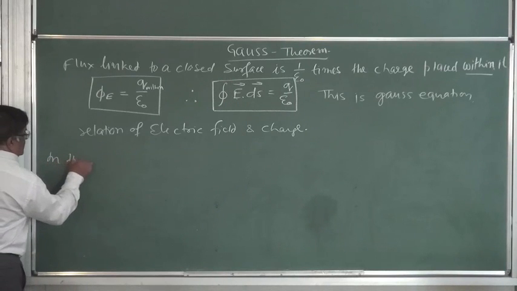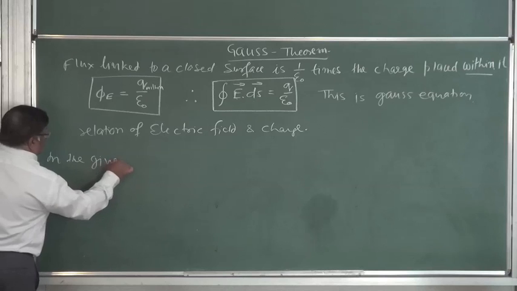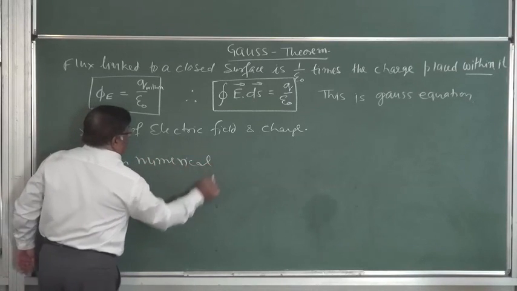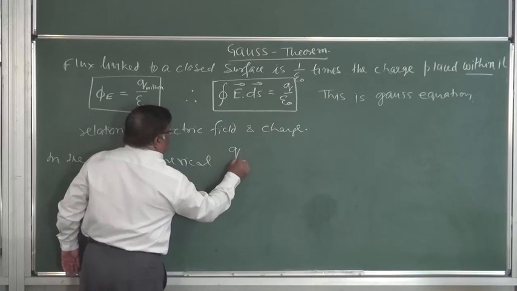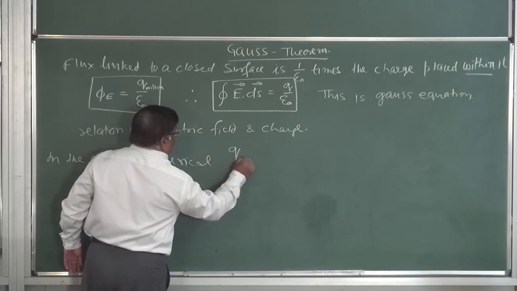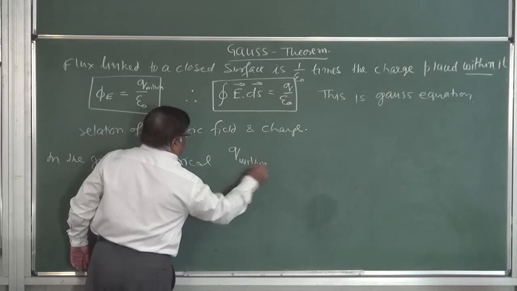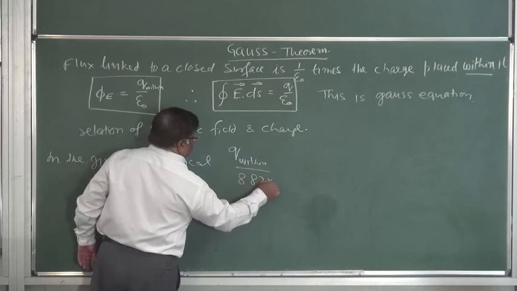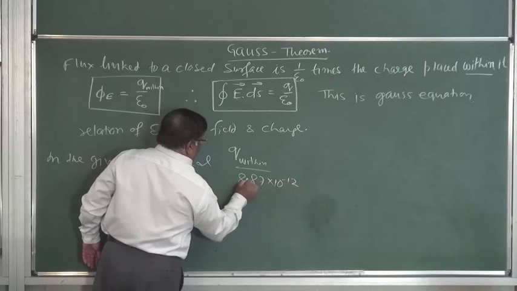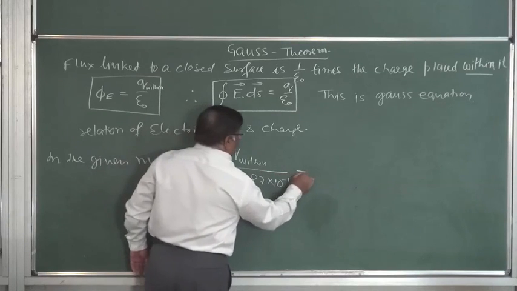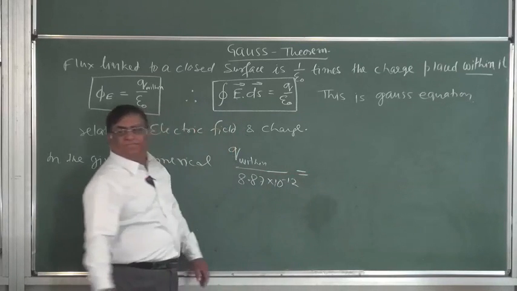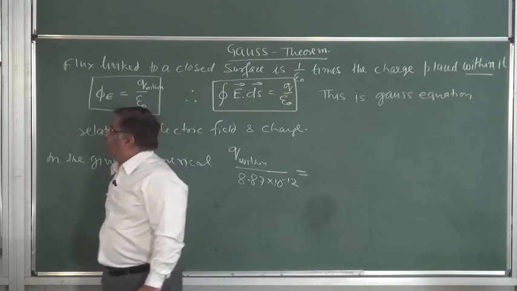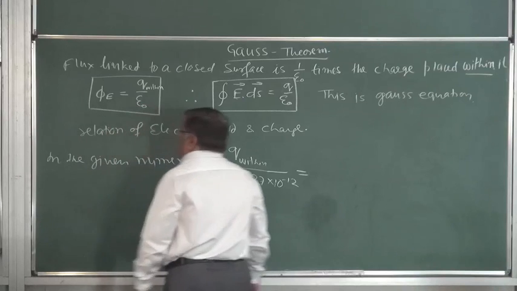In the given numerical, गॉस लॉ को हमने लिखा Q the charge within divided by epsilon naught, उसकी वैल्यू 8.85 into 10 to the power -12. This is equal to flux, और फ्लक्स हम निकाल चुके हैं. ये देखिए, फ्लक्स की वैल्यू है 1.05.